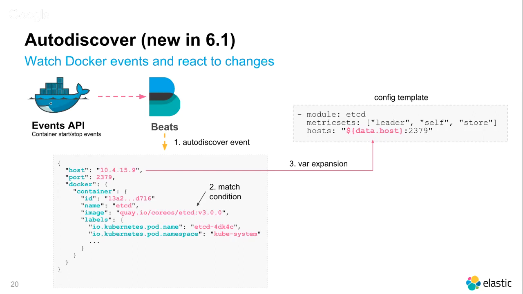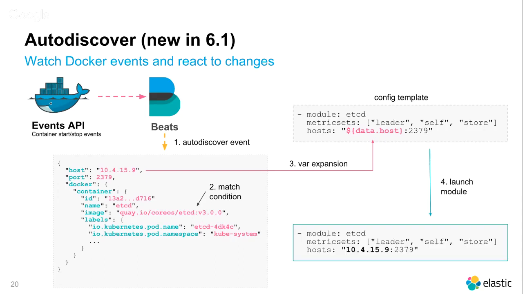We are taking live information from the system, from the event that just happened, like a container started, and we are replacing the information that we need into a new configuration. In this case, the configuration needed to know the IP address of the container. We take it from the auto-discover event and put it in there through the var expansion. That will create a fully qualified configuration that you can launch, or Metricbeat will launch for you.